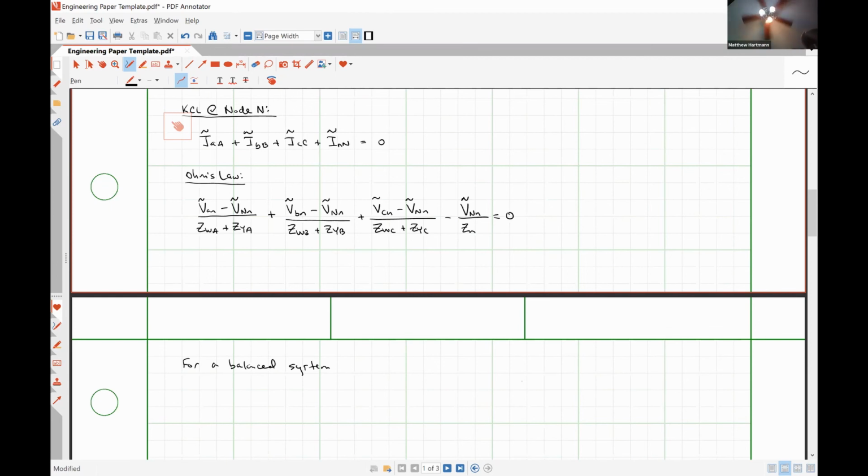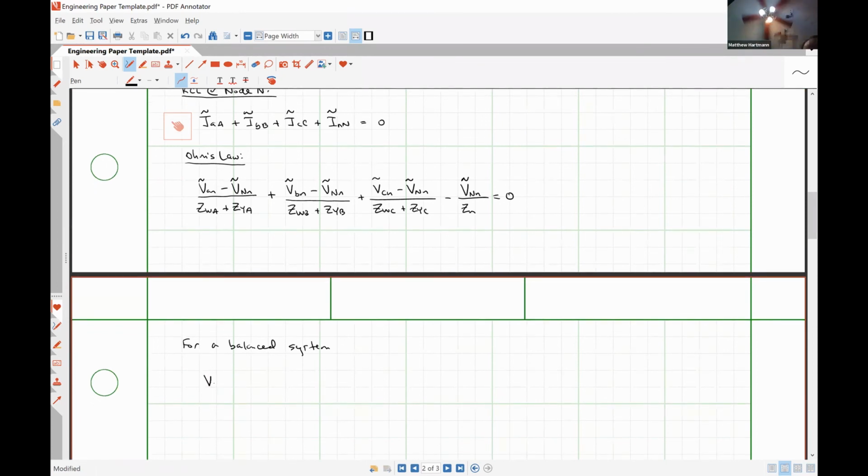And so what we'll find is that V capital N lowercase n divided by Zn will be equal to VAN minus VNN over Z wire plus ZY, plus VBN minus VNN over that same denominator, Z wire plus ZY, plus VCN minus V capital N lowercase n divided by Z wire plus ZY.